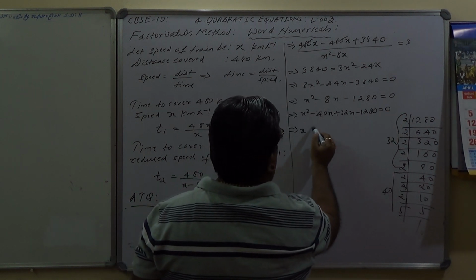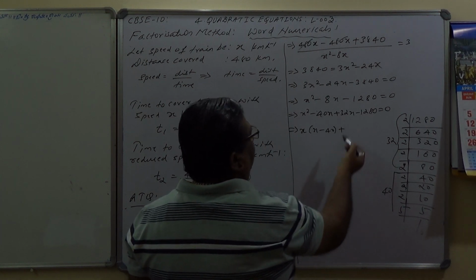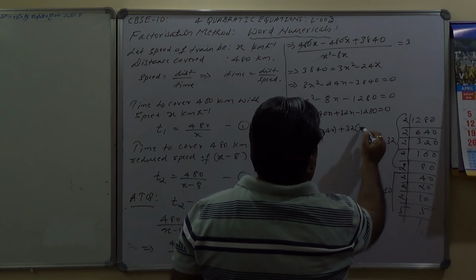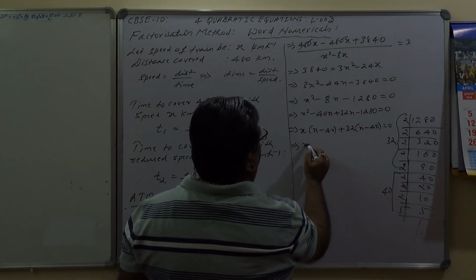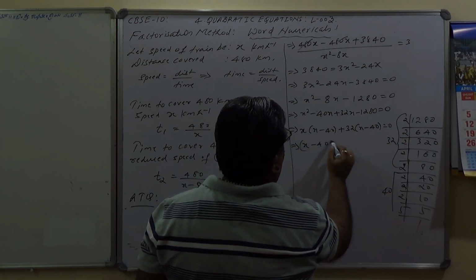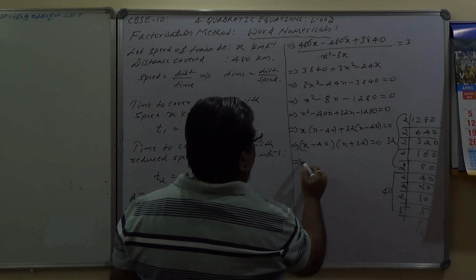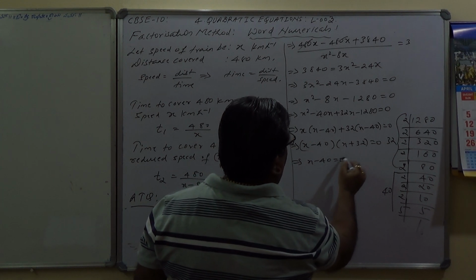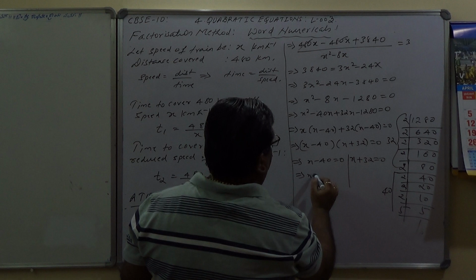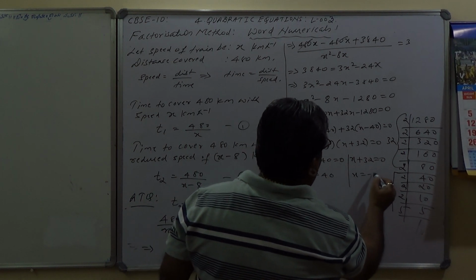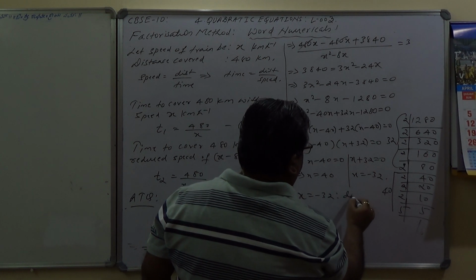Taking x common: x into x minus 40 plus 32 into x minus 40 equals 0, implies x minus 40 into x plus 32 equals 0. So x equals 40 or x equals minus 32.